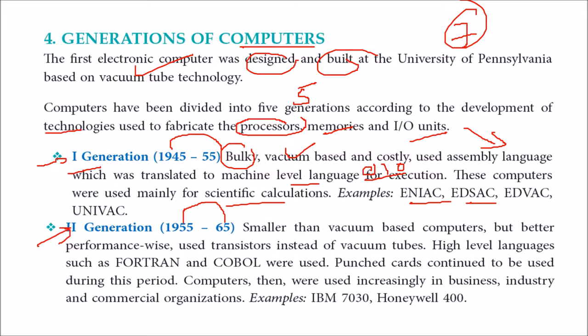Smaller than the vacuum based computers, but the performance was good because transistors were now used instead of vacuum tubes. High level, English-like languages like Formula Translation or Fortran, and COBOL were used. And punch cards actually continued during this period. The examples were IBM 7030 and Honeywell 400.